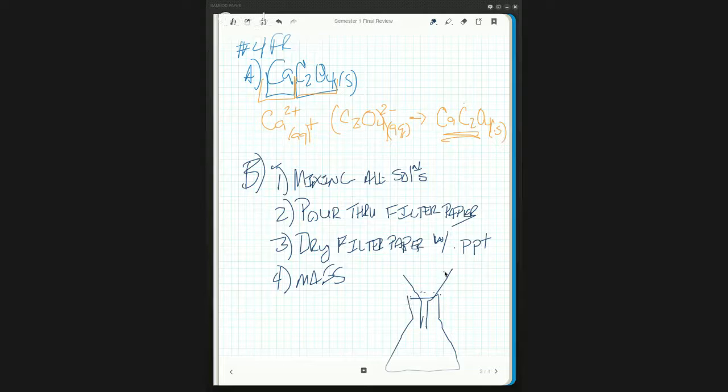You had filter paper coming down in, and you know how you folded it? There's these ridges in it.